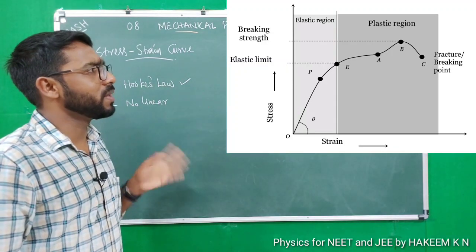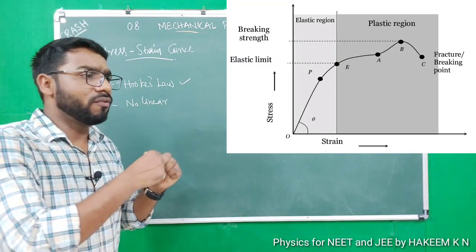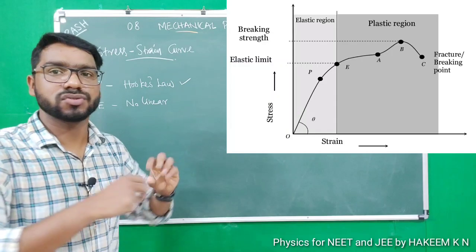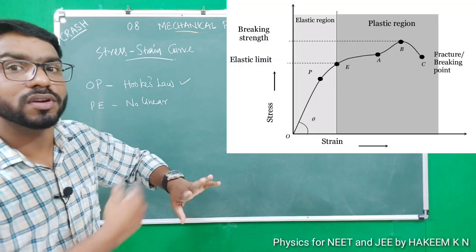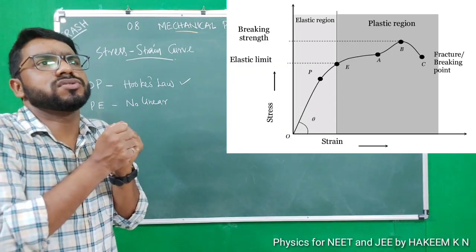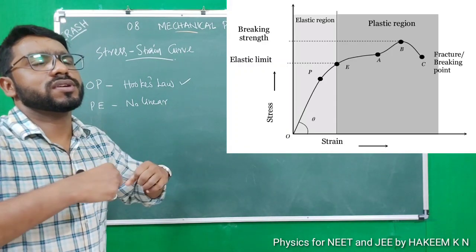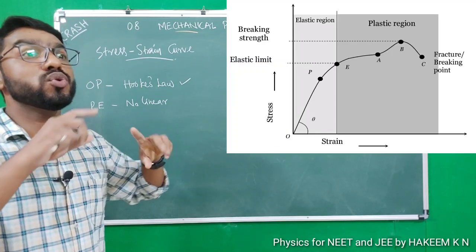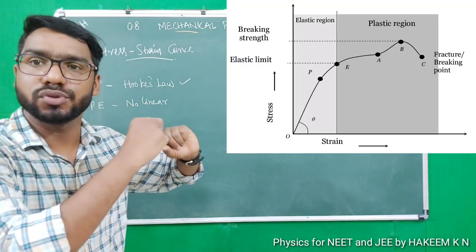And what is B? Listen carefully here. When stress is increased, strain also increases. The body will not return back to its original position. It is the plastic region. Stress increases, strain increases to a maximum value.